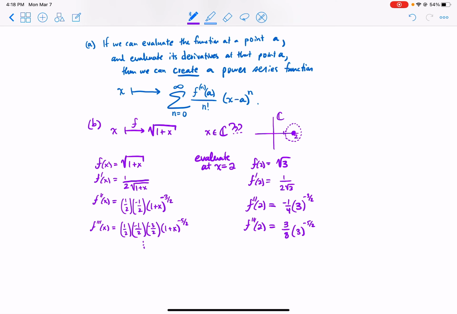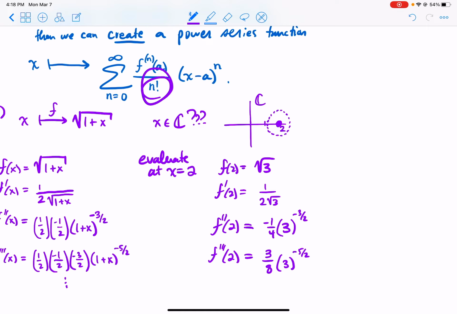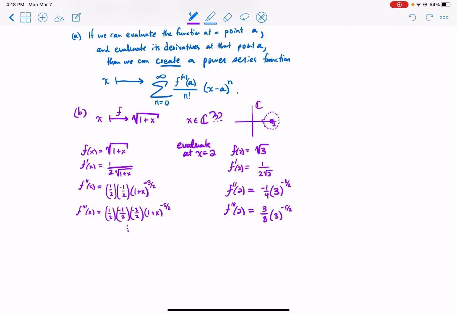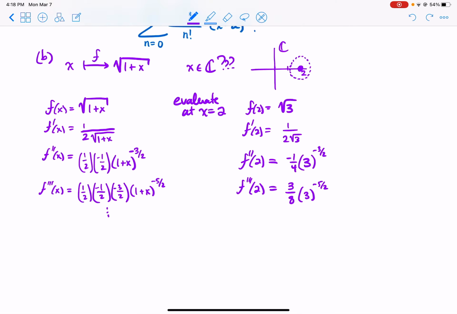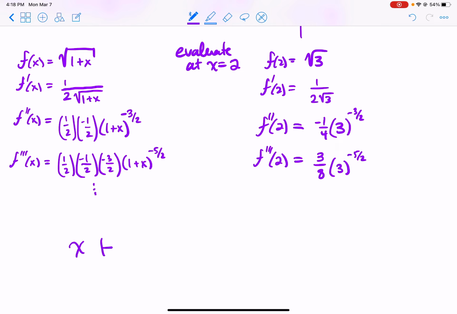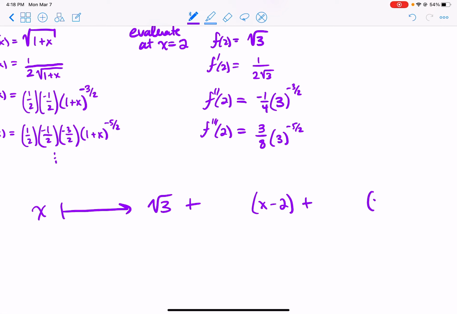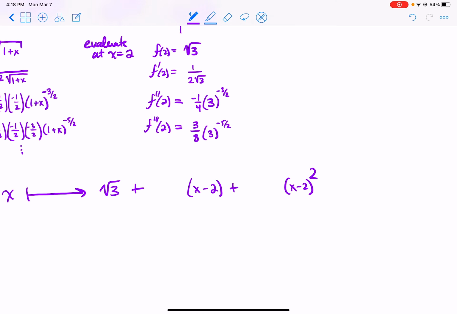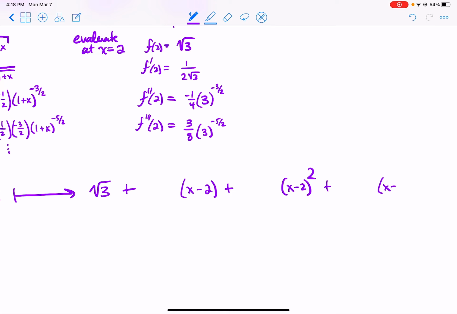And now what we're going to do is use these numbers after dividing by some factorials and create a power series. Namely, it's going to take the variable x and send it to the square root of 3 plus some amount of x minus 2 plus some amount of x minus 2 squared plus some amount of x minus 2 to the third plus dot dot dot.